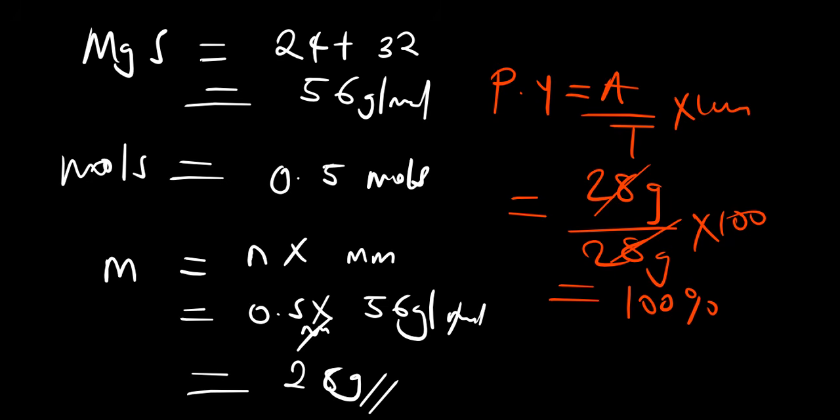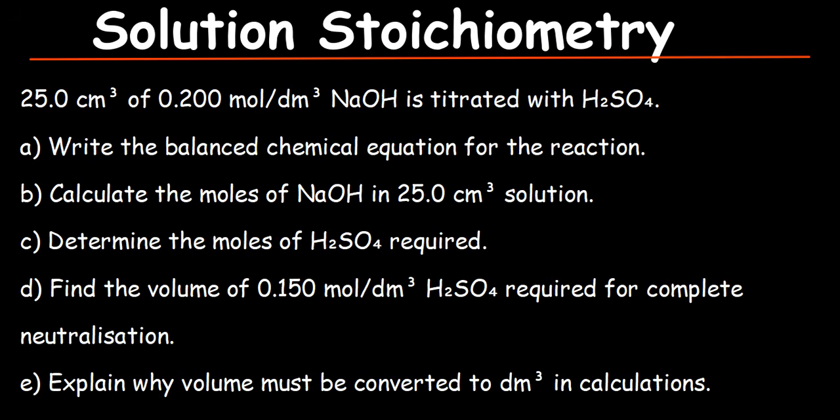So let's solve another set of questions. In this segment, we are going to solve questions on solution stoichiometry. It's one of the most interesting topics. We've got 25 cubic centimeters of 0.2 moles per decimeter cubed sodium hydroxide titrated with sulfuric acid.